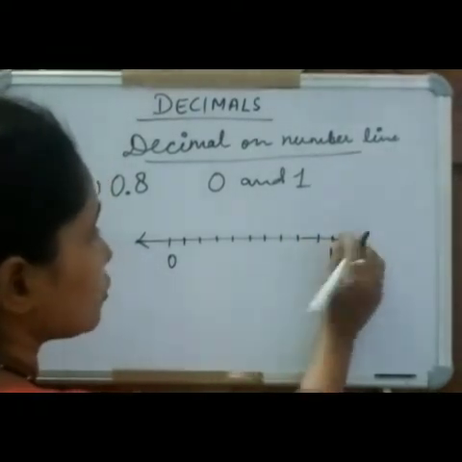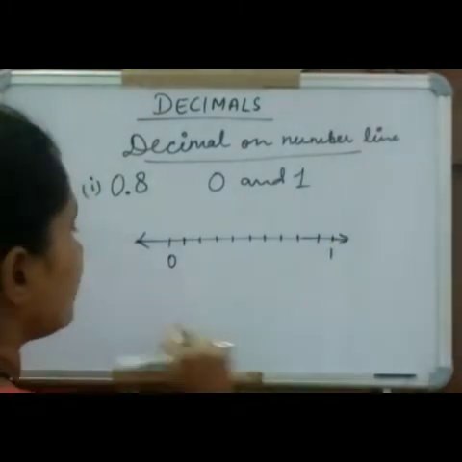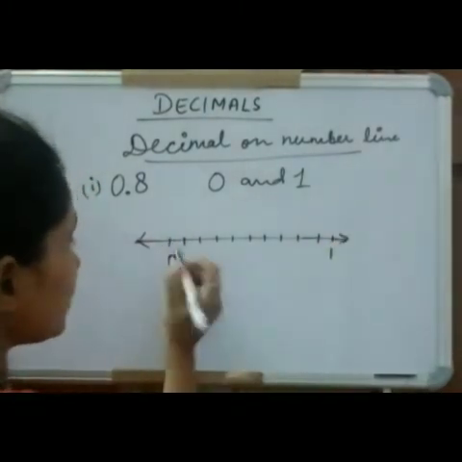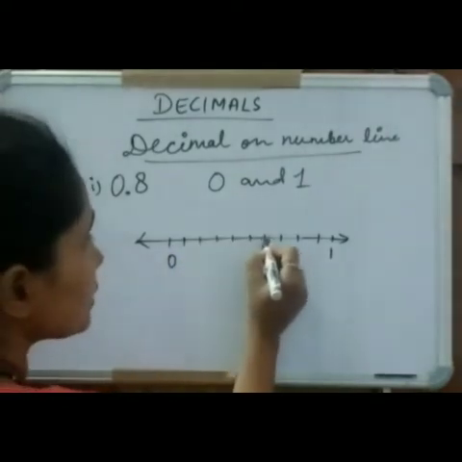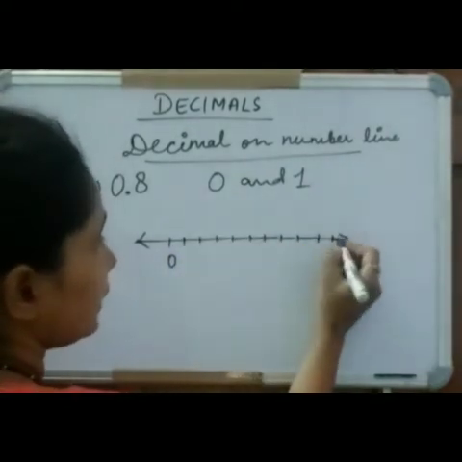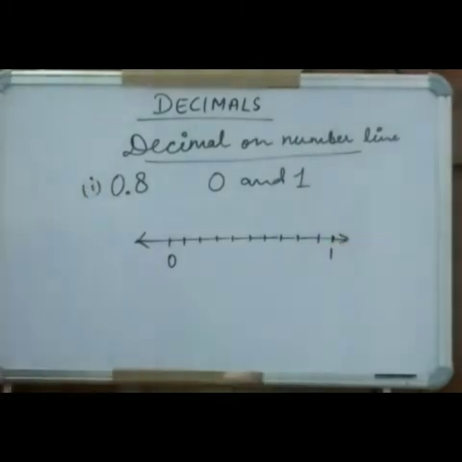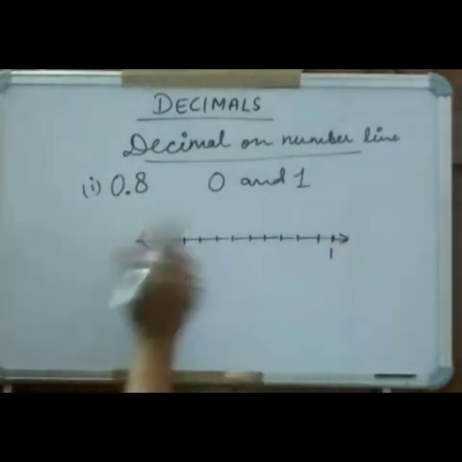So you will start from here 1, 2, 3, 4, 5, 6, 7, 8 and 9, and this one is 10. 10 divisions are here.